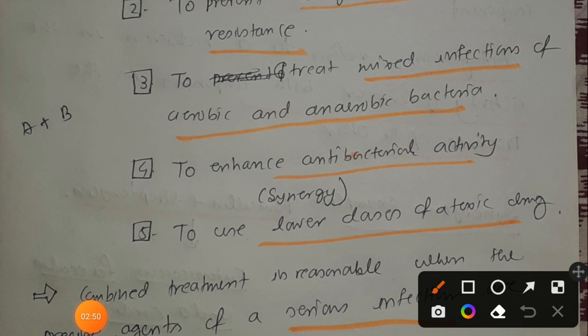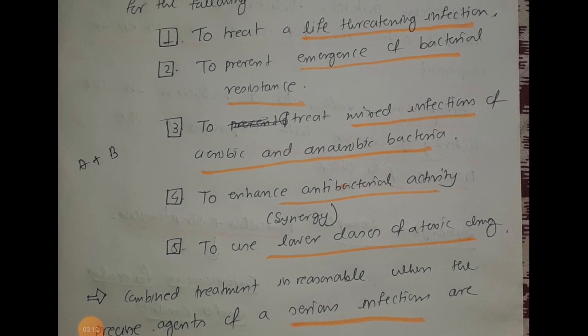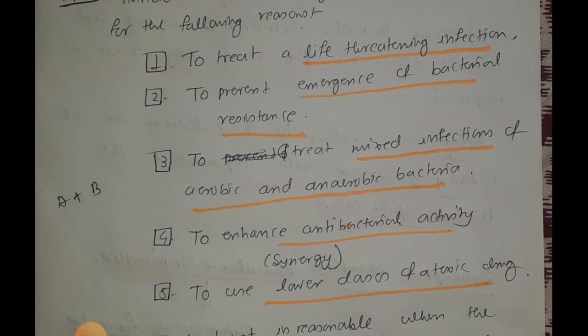The third one is to treat mixed infection of aerobic and anaerobic bacteria. Okay. The fourth one is to enhance antibacterial activity, synergism. So what is synergism? We are going to talk about this in this video. Okay. And to use lower doses of a toxic drug. So that is the 5 important reasons why we are using a mixture of antibiotics, right?